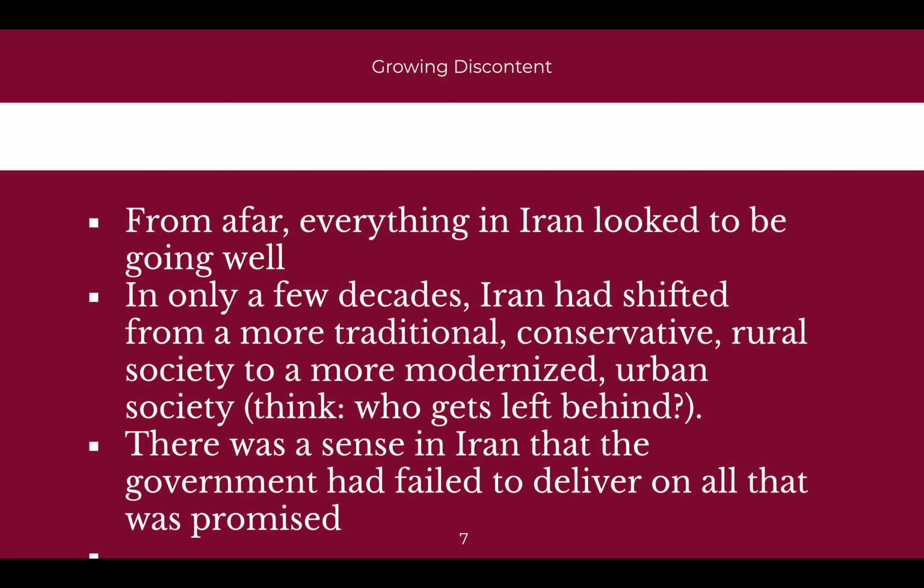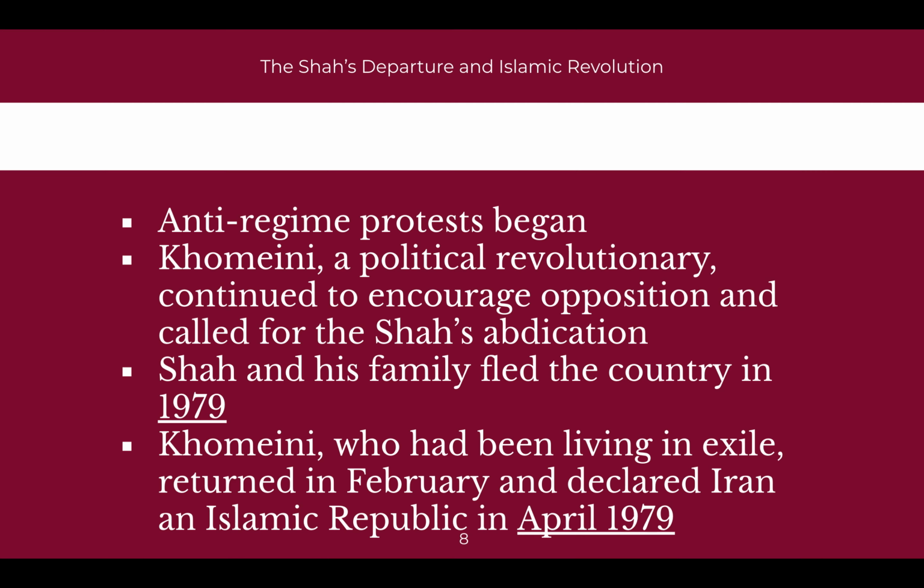So a lot of Western influence coming into play. And for a lot of people, this was extremely problematic and leads to growing discontent. There was a sense in Iran that the government had failed to deliver on all that was promised and failed to maintain the tradition of the country.